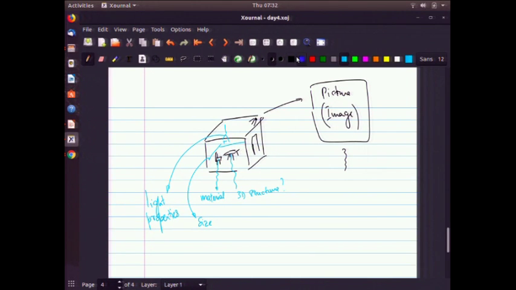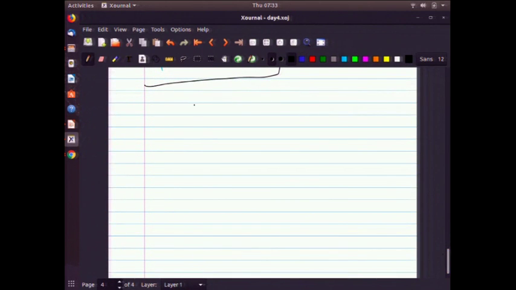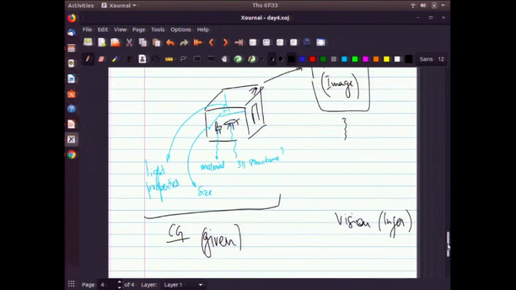Okay, in computer graphics, these are all given. So for this, basically there's 2 things, right? In computer graphics, all this stuff is given. In vision, we want to infer all this. Okay. So in computer graphics, we saw you're given the lights, you're given the materials, you're given the 3D geometry, you're given everything.